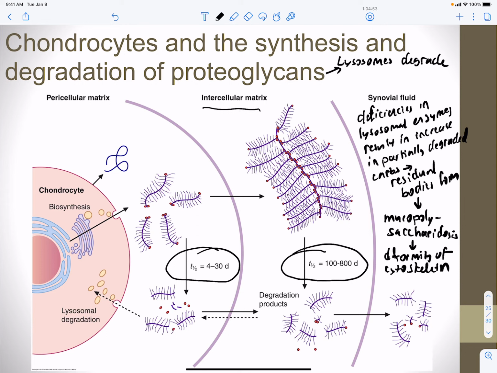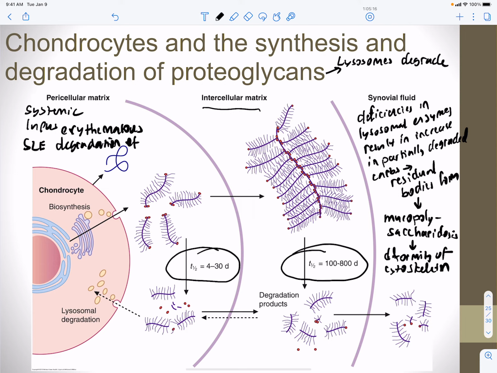However, in some diseases such as systemic lupus erythematosus, SLE, degradation is going to be favored. So these half-lives will be much shorter in a person suffering from SLE, for example.